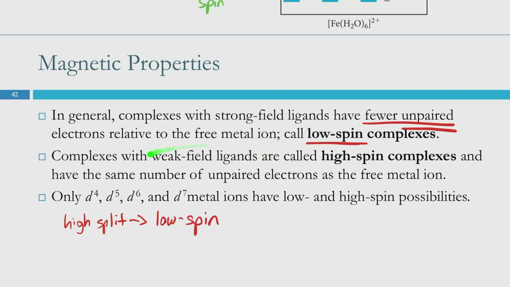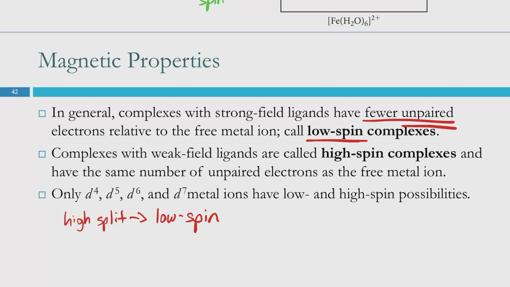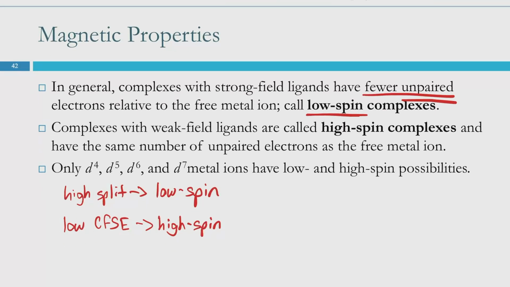And if we've got weak field ligands, then we've got access to those upper levels. There's more room for our electrons to spread out. We're more likely to have unpaired electrons. So if we've got low crystal field splitting energy, those are going to generally be high spin complexes. We only have low and high spin possibilities if you've got 4 to 7 d electrons on your metal ion.